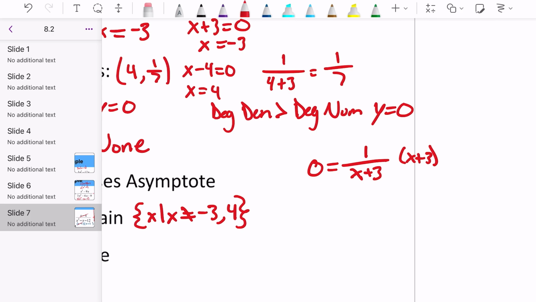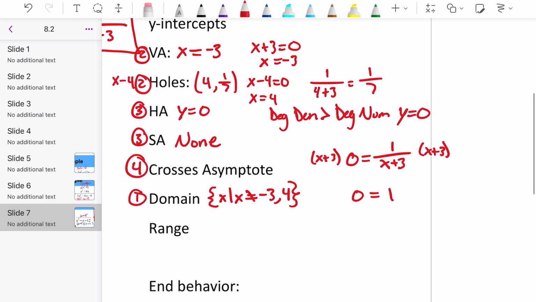That will cancel off the denominator. What ends up happening is 0 times anything remains as 0, so 0 is equal to 1. Anytime that a variable cancels out, and we no longer have any variables within our problem when we're checking for crosses, this means that it does not cross.